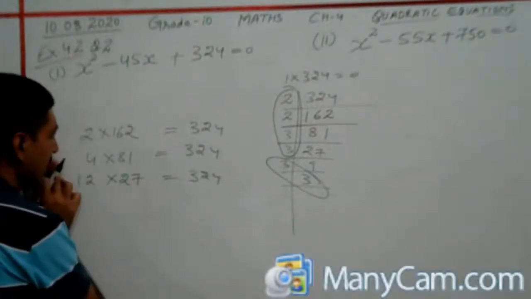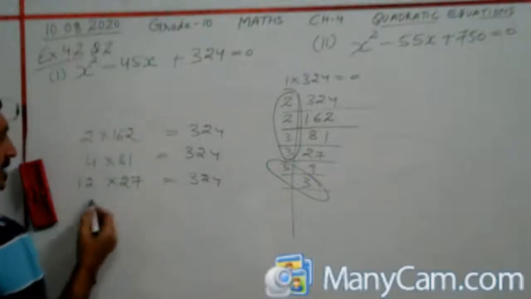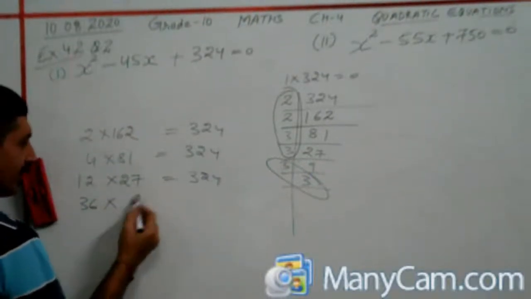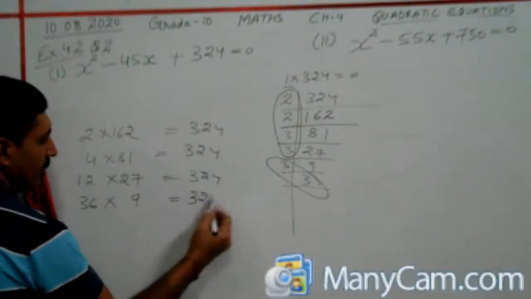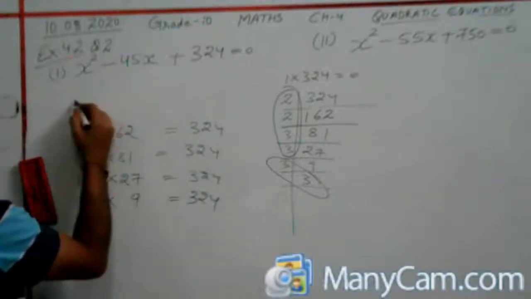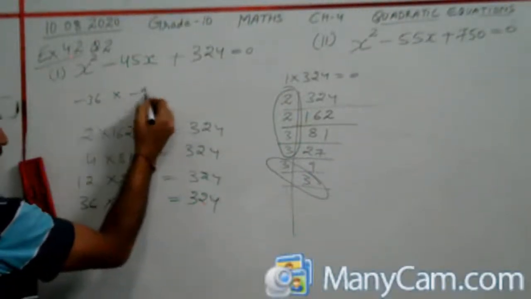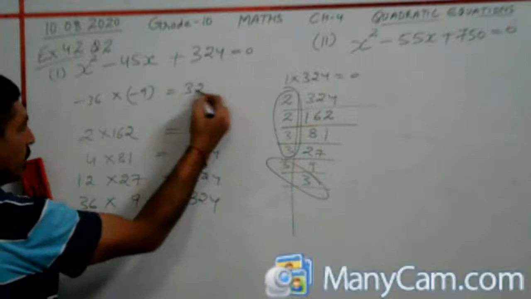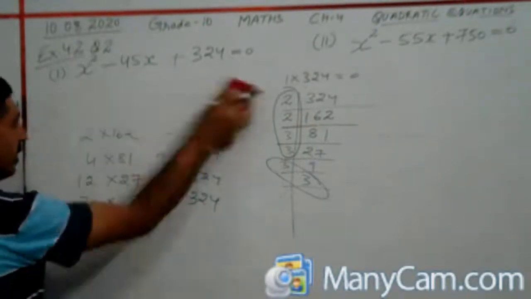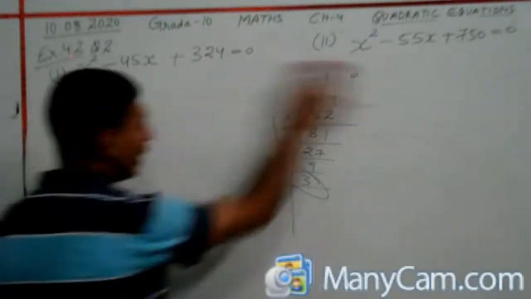We can go ahead with 36 into 9, but for our consideration we take minus 36 and minus 9, that is 324. So here we have learned how to go for this factorization method.